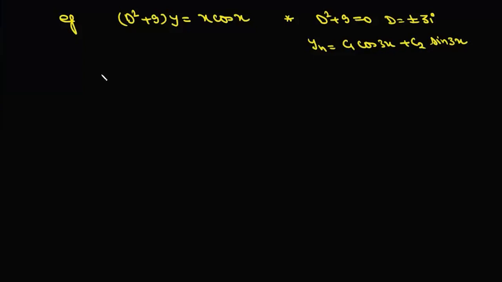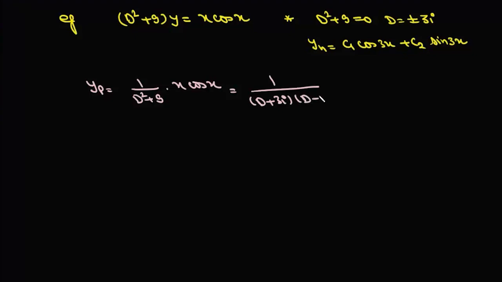Now we need to find its particular integral, and what we'll do is we'll write this yp as 1 upon d square plus 9 into x cos x. Now what we can do is we can write d square plus 9 as 1 upon d plus 3 iota into d minus 3 iota into this x, and we'll write this cos x in terms of exponential functions.